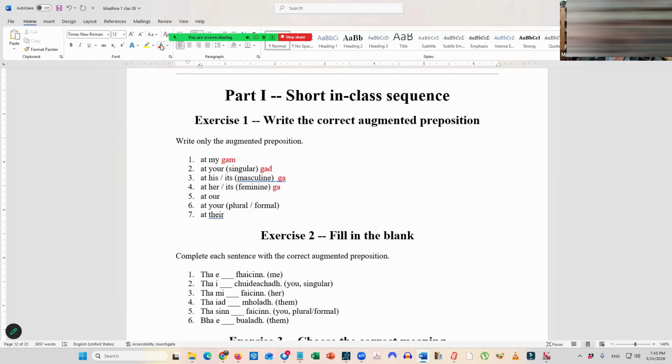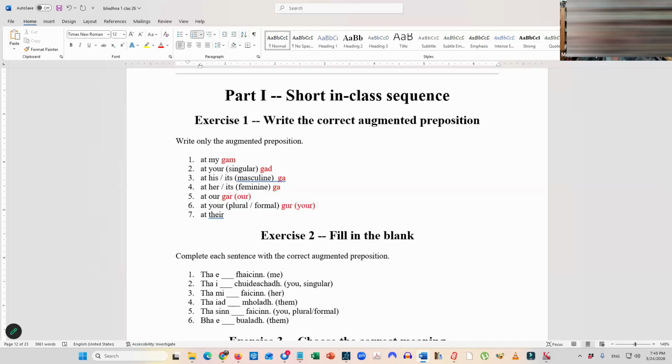"At our" would be what? "Gur" or "gar." Yeah, "gar." An easy way to remember that is it sounds something like "our." And then "at your," plural and formal, would be "gur," something like "your."